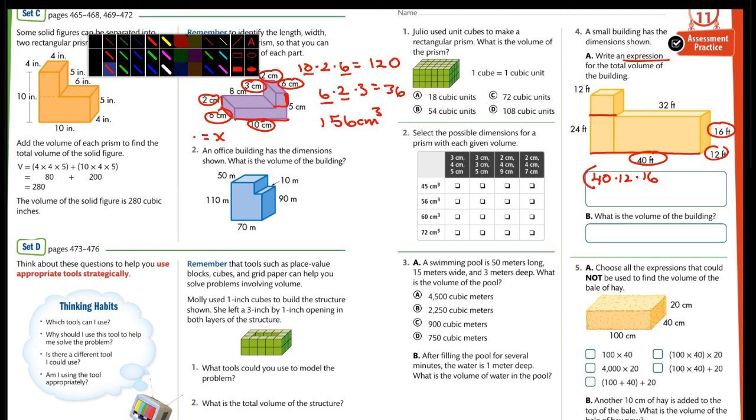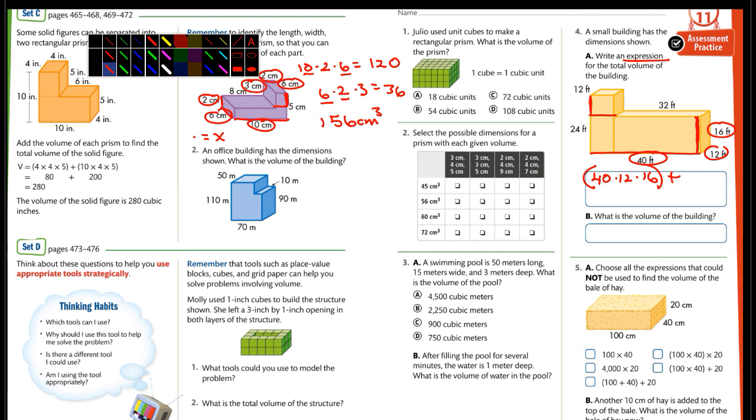Okay. Plus, now we need to figure out this small piece at the top. So if this is 16 here, and this whole length is 24, what does that leave for this?